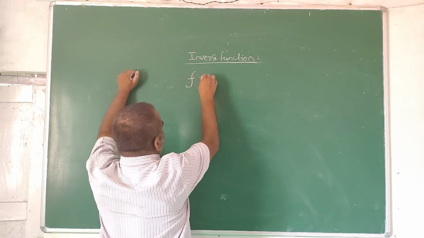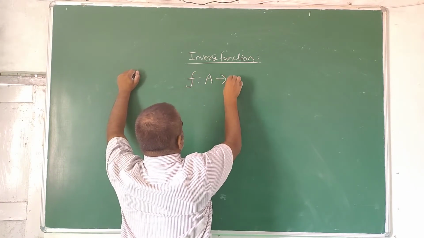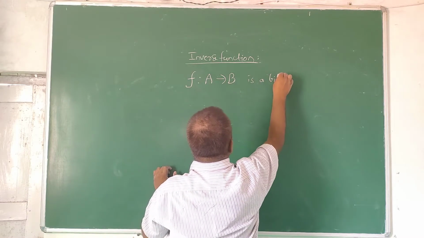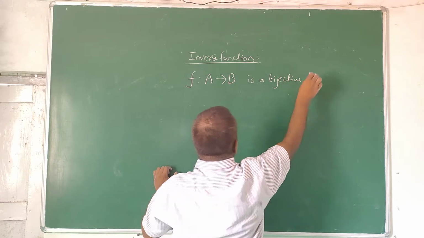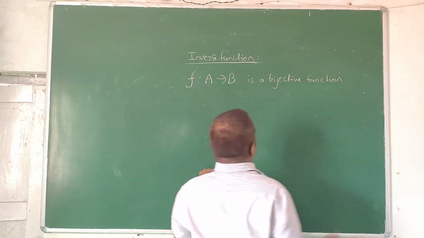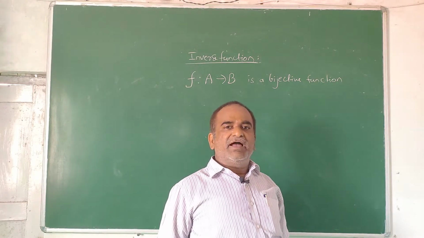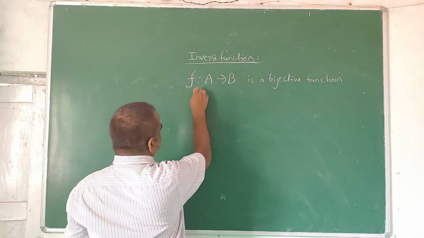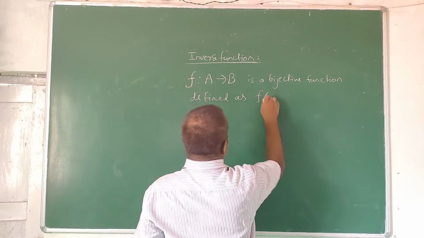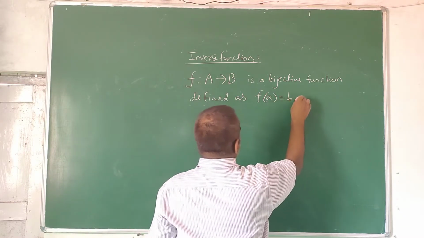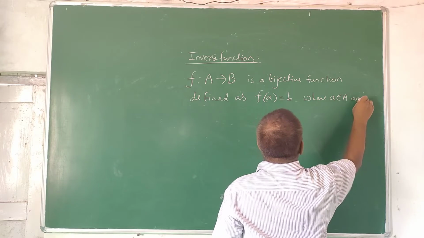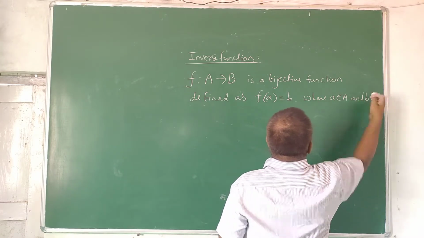See, f maps A to B is a bijective function defined as f of a is equal to b, where a belongs to A and b belongs to B. It is possible because it is bijective.